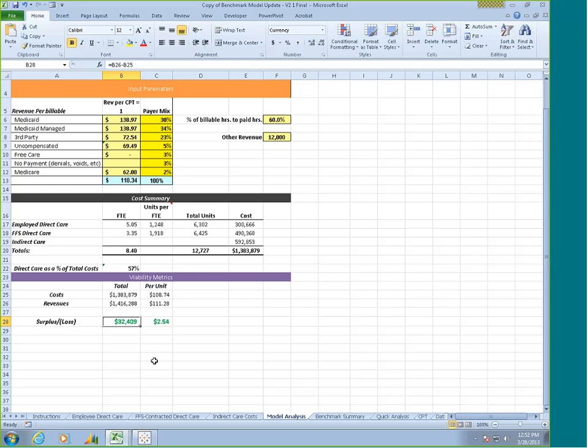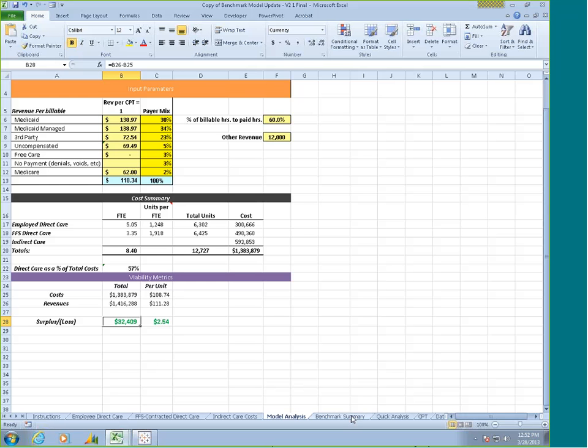And the answer may be no, not given the way we currently provide services, but yes, if we change to a service provision pattern that is still clinically appropriate and warranted, but generates additional units of service and therefore additional revenue.